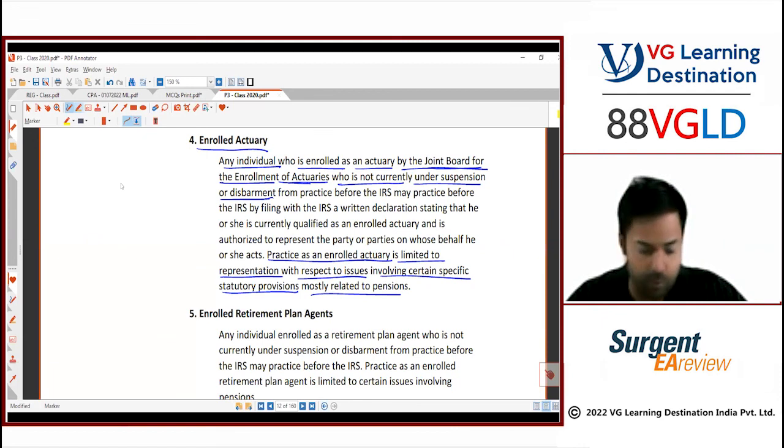Can you see? Practice as the EA is limited to the representation with respect to issues involving specifically statutory provisions, mostly related to pensions. Okay.